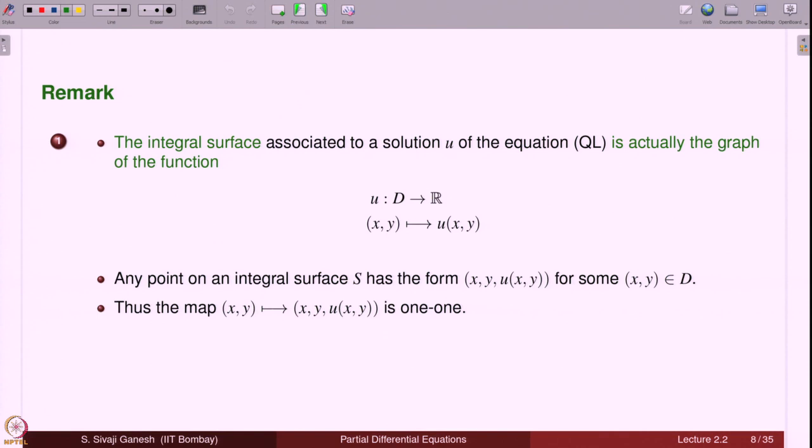The moment x y is different from x dash y dash, because the first two coordinates are different, the triples x y u x y and x dash y dash u of x dash y dash will be different. That is why the function is 1 to 1. Now, the projection of the integral surface to the xy plane equals D.